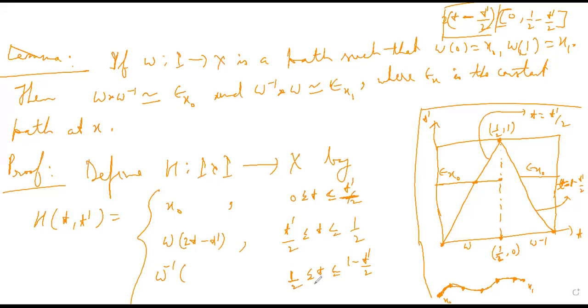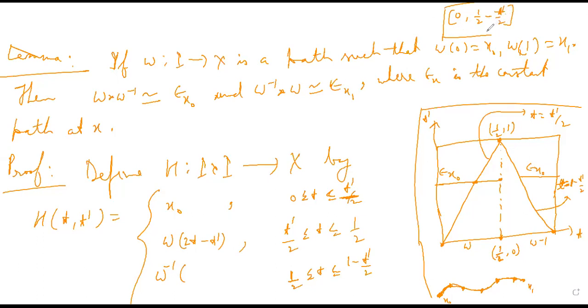This interval again we have to translate by half. Then we have the interval 0 to half minus t prime upon 2. Now we have to complete omega inverse in this, right? So that when t prime is 0, we have to double the speed again.